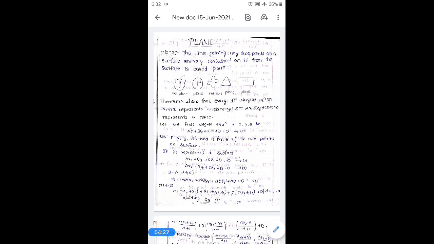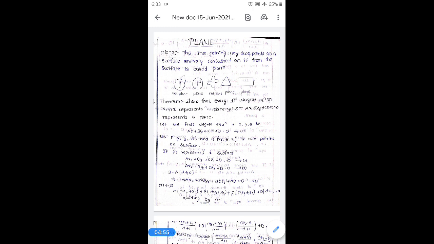Now, if we prove that this point, (lambda x2 plus x1)/(lambda plus 1), (lambda y2 plus y1)/(lambda plus 1), (lambda z2 plus z1)/(lambda plus 1), obeys the first degree equation, then the first degree equation represents a plane. That's why we go on to prove the result.